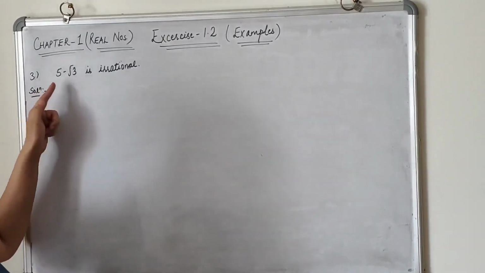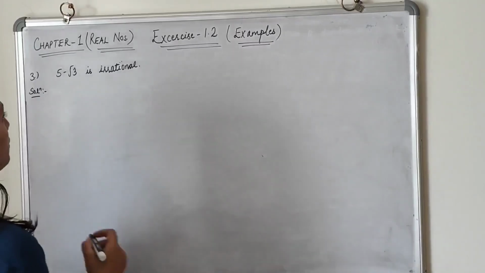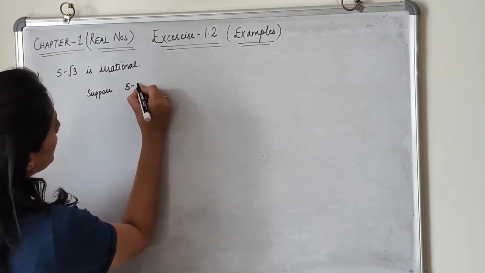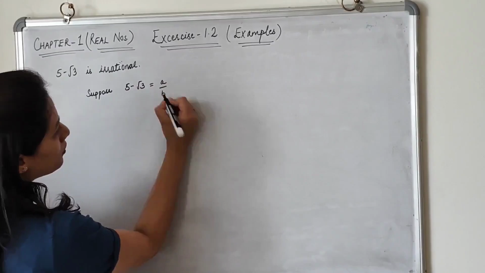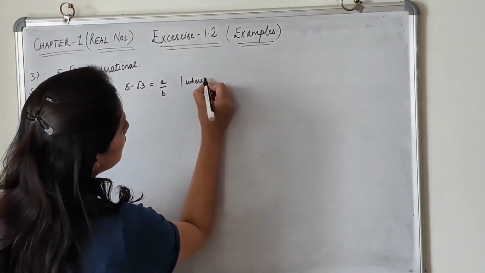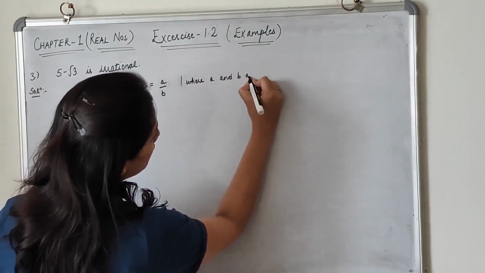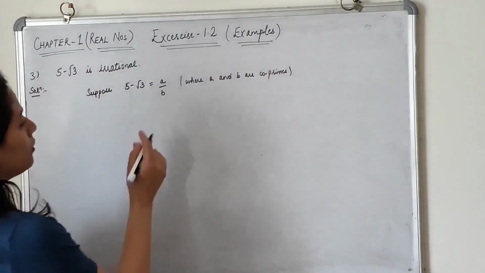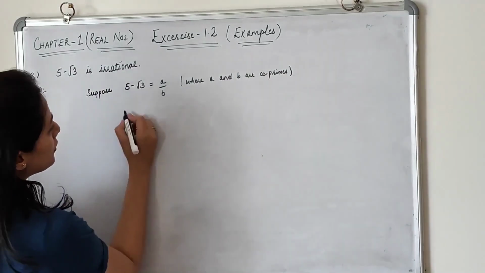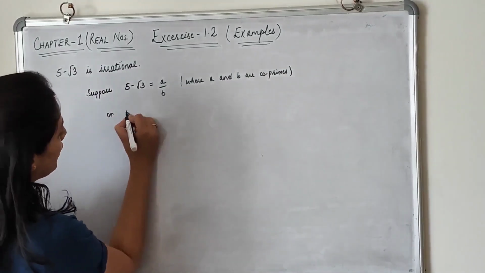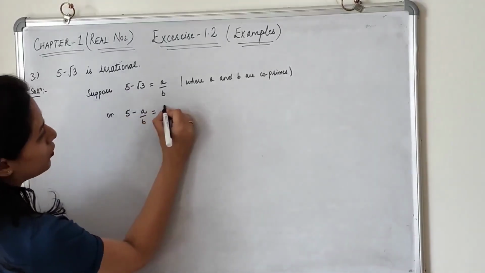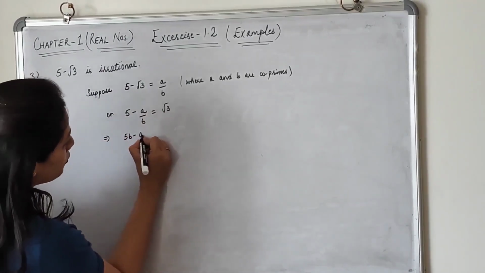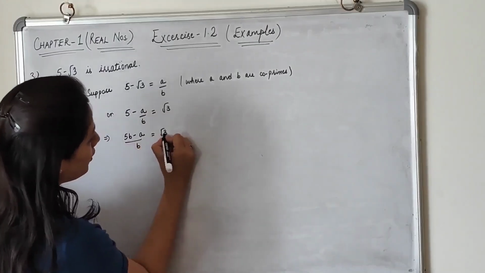Question number 3. Prove that 5 minus root 3 is irrational. Suppose 5 minus root 3 is a rational number a by b, where a and b are co-primes. Can we write this equation as 5 minus a by b is equal to root 3, which is equal to 5b minus a upon b is equal to root 3?